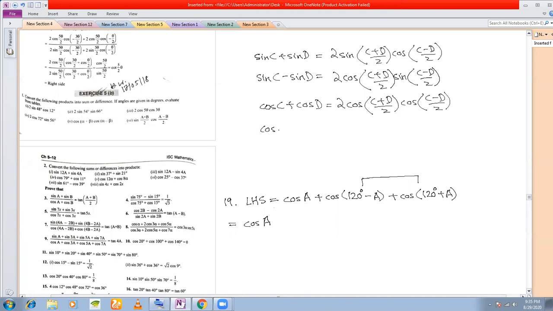And cos C minus cos D is a little twisted formula, little change. These three look a little alike. This one is a little different because this time I have 2 sine D plus C by 2 and I have sine D minus C by 2.